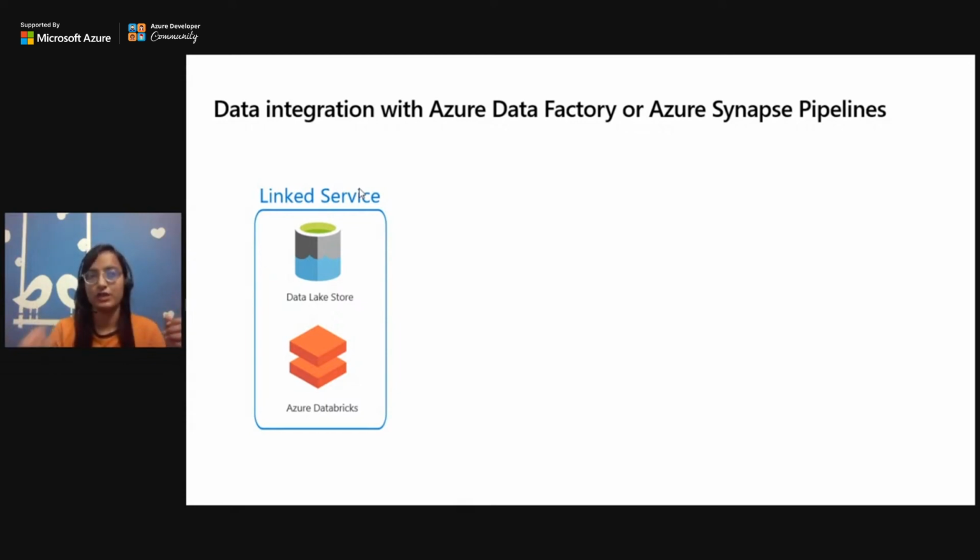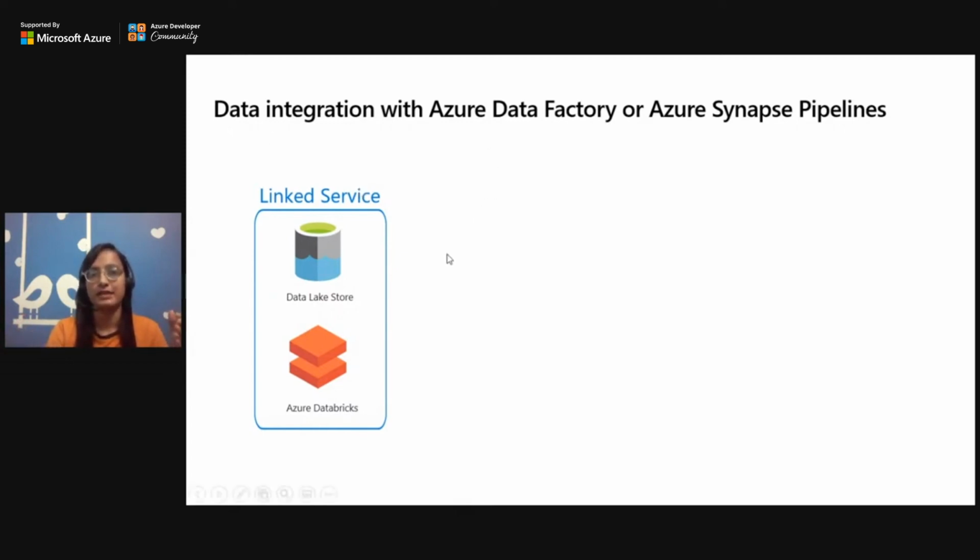For that, first we create a linked service, and inside this linked service I refer to my Data Lake storage, that is my source, that I want to pick up. This storage belongs to this subscription, and under this subscription, this is my storage name, and I'm going to authenticate with the help of an account key. So I'm going to provide all the details like credentials and name of my service.